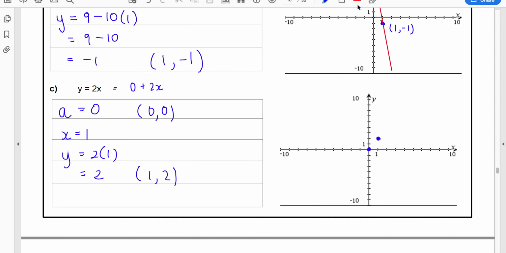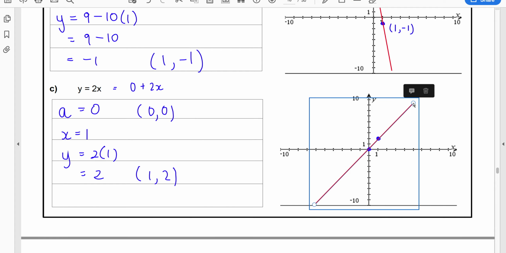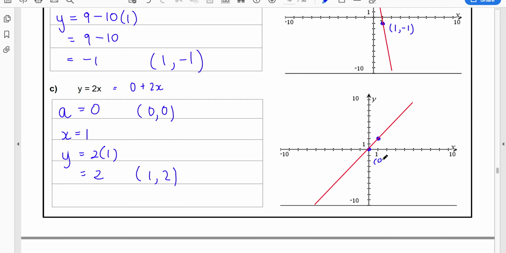So like that. And then we connect it. Notice too, I am extending the line right across the grid. I'm not just connecting these 2 points together, because the line doesn't go just between those 2 points. The line continues forever, which is why we put these little arrows on the axes. All right, so 0, 0 and 1, 2.